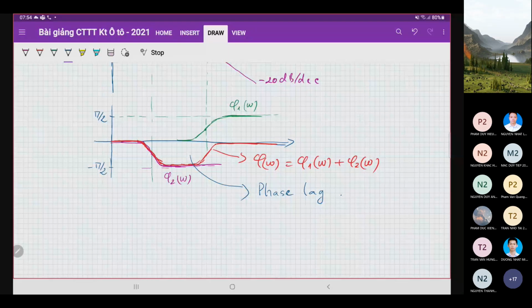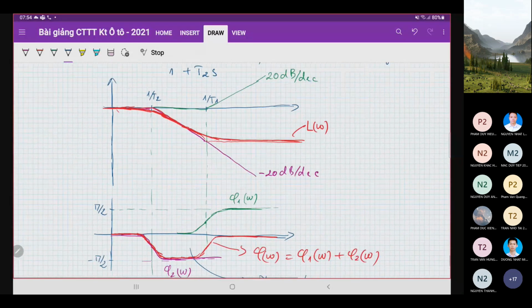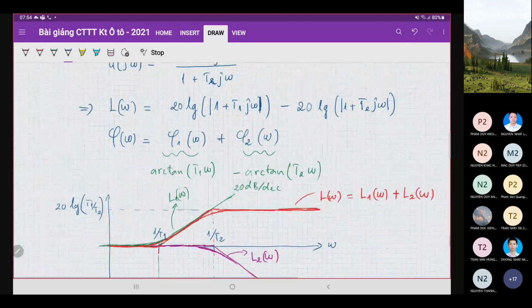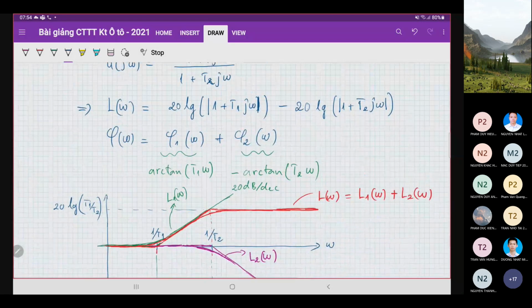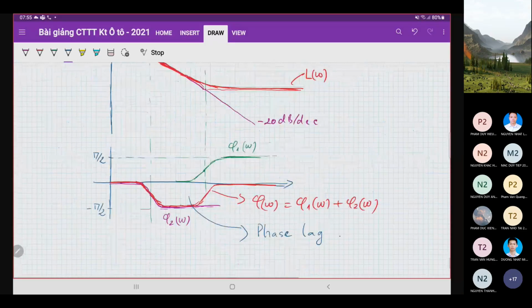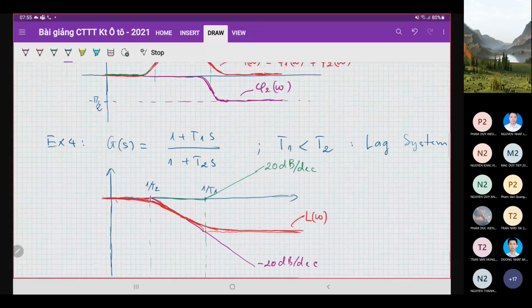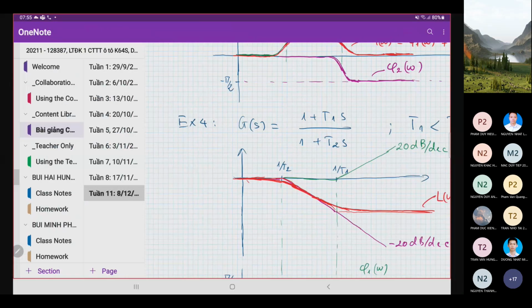So that is the Bode diagram of some basic systems. I will open the new page for this week.